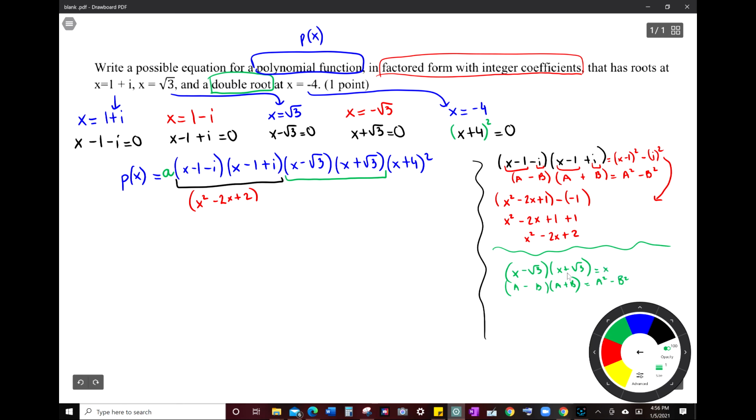So then I have x squared minus square root 3 squared, and that gives me x squared minus 3. So back here I put in x squared minus 3. Multiply between them, and then this one, just bring it down. So x plus 4 squared, and then a, just bring it down here, and have p of x equals.